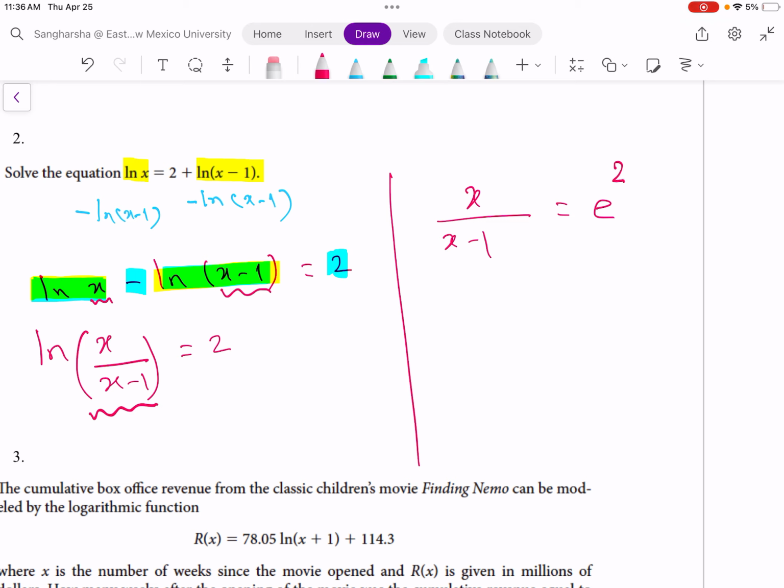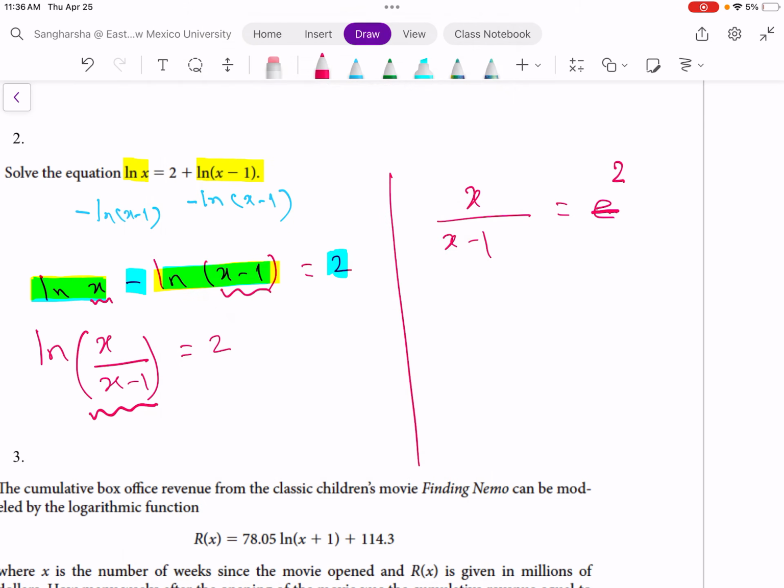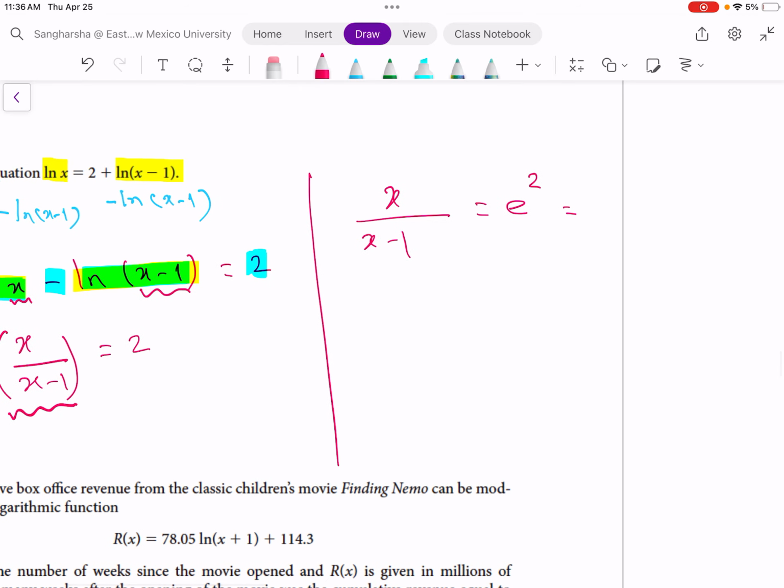Now we have this equation, and what kind of equation is this? It's a rational equation. It is not an exponential equation. The e is a number. e is just 2.718, and you can use your calculator to write e squared.